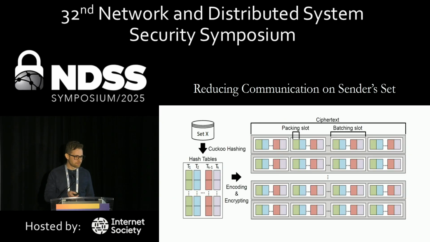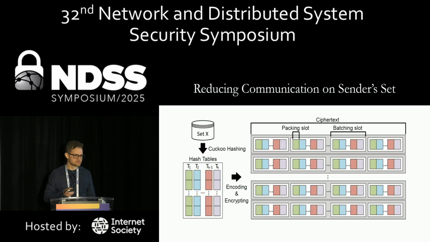When we apply that, this is how the encoding looks. The set X is the sender set. We do the Cuckoo hashing. We have several hash tables. This is also for security reasons, but I'm not covering that here. Then we encode it, and each table goes to a different packing slot.